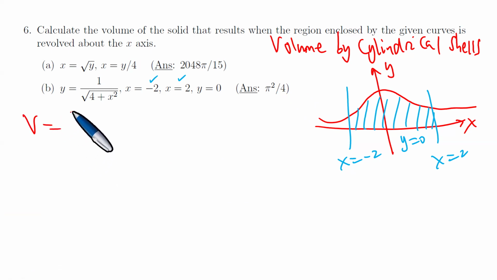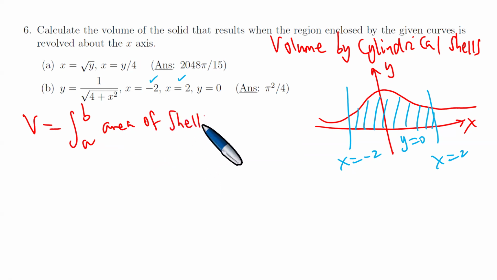For instance, you decide to integrate from a to b, and this is given by the following. There's something we call the area of the shell. Just going back to the basics a little bit here, the area of the shell's mantle or crust.